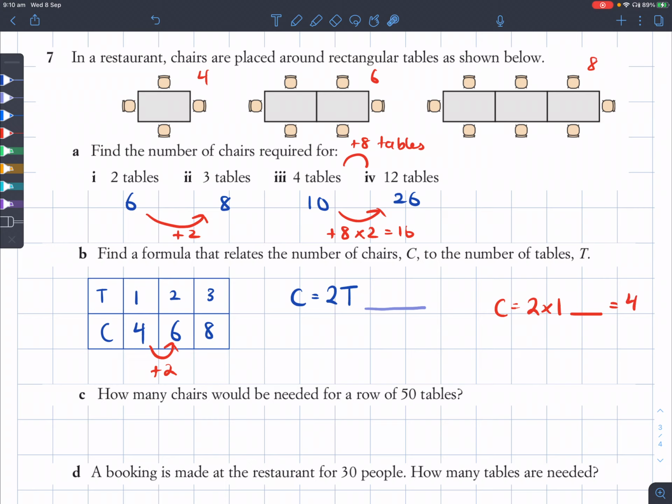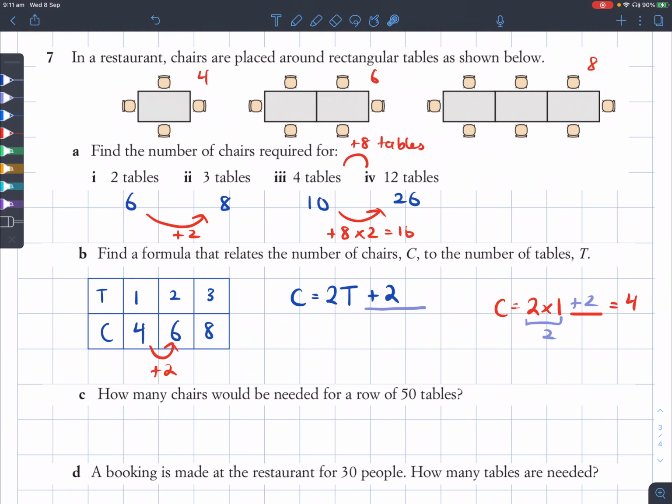So what do I put here in order to add or subtract from 2 times 1, which is 2, to get 4? Well, you need another plus 2, so that 2 plus 2 gives you 4. So the answer to this question would be 2T plus 2, that's our formula. So 2 times the tables plus another 2 will give you the number of chairs.